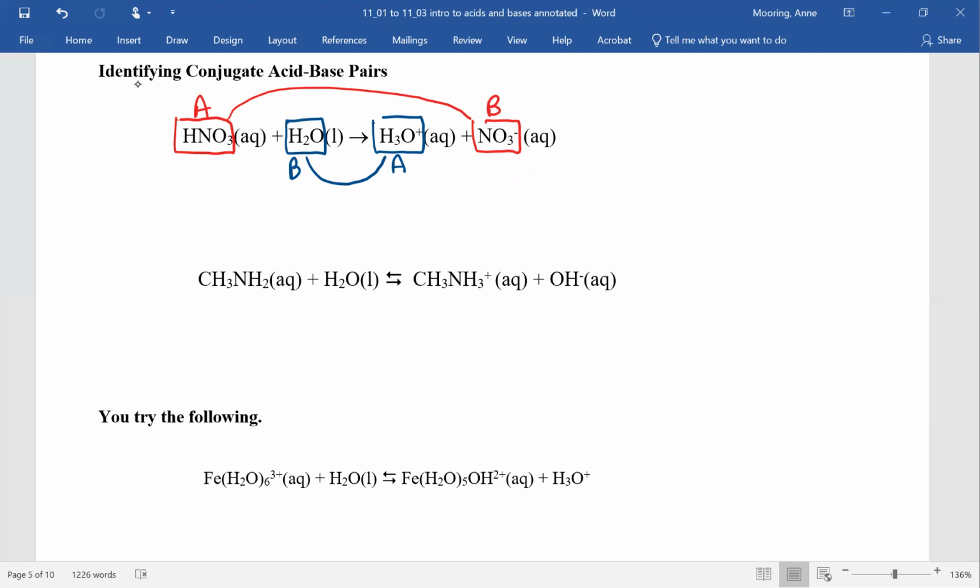Now, one of the things I want to draw to your attention is that HNO3 is a strong acid, so I used a one-way arrow.